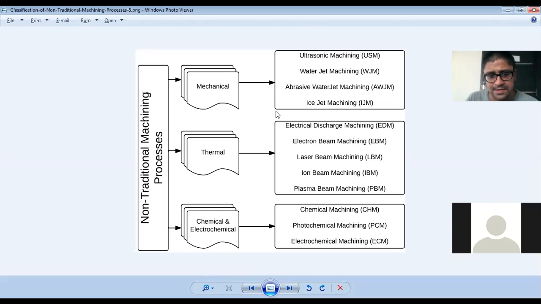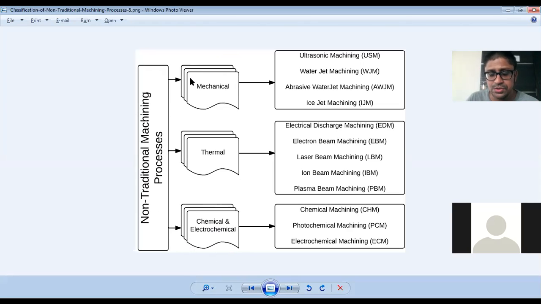So for the sake of simplicity, we can divide these non-traditional machining techniques or methods in these 3 categories. These 3 categories are nothing but based on the energy source they use for cutting or machining.